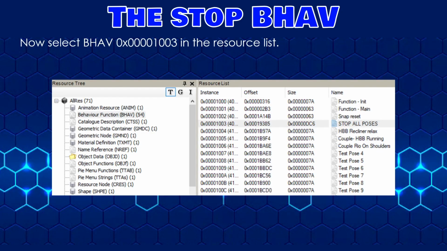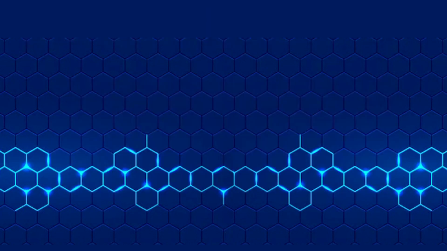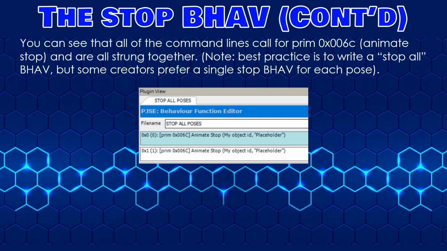Go to behave 1003 in the resource list. And you can see that the command line calls for prim 06C, that's anime's stop. And all of these are strung together, so they go one right after another. So the way that I have it set up, it's going to stop every single pose in the box.